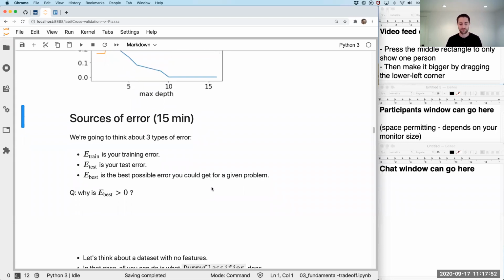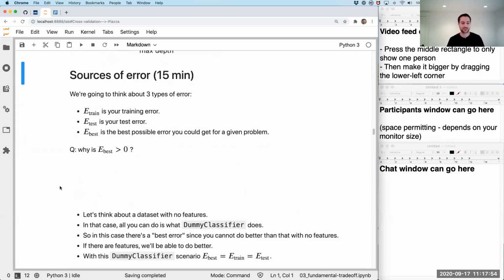So let's dig into this a little bit. Let's think about a data set with no features whatsoever. All you have is whether you're trying to predict whether or not a person likes cilantro, and you know literally absolutely nothing about them. Well, in that case, all you can really do is predict that they like cilantro, because most people like cilantro.